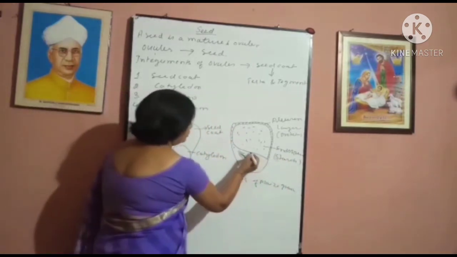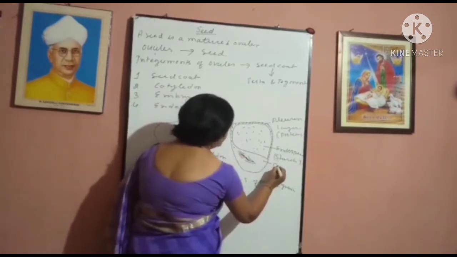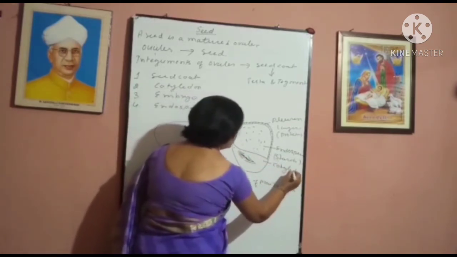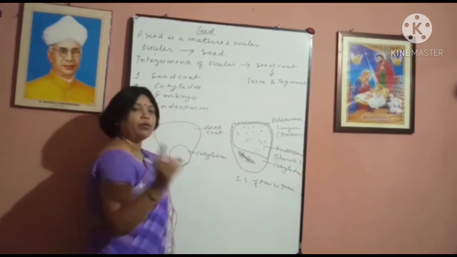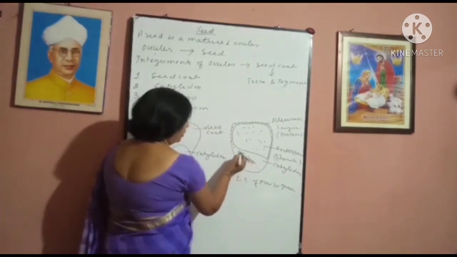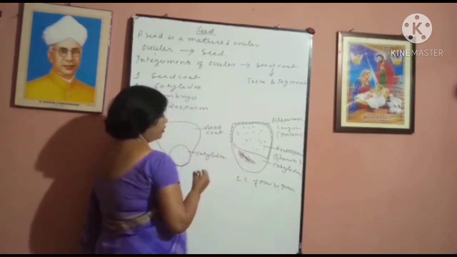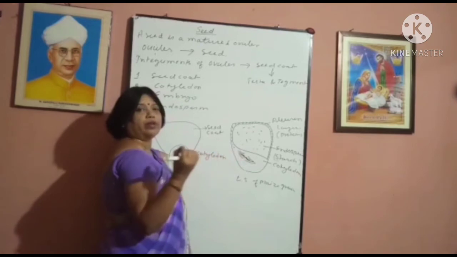Below this, there is only one single cotyledon. In the cotyledon, the embryo is a single, small, narrow structure.